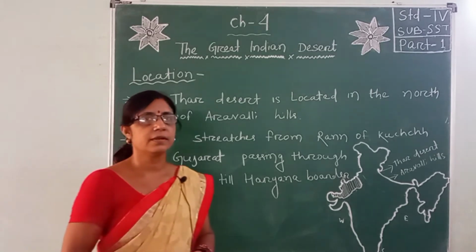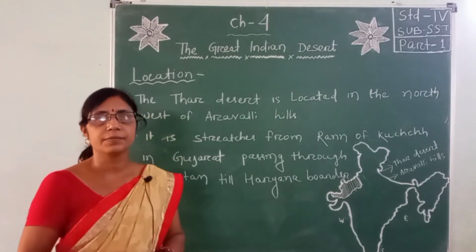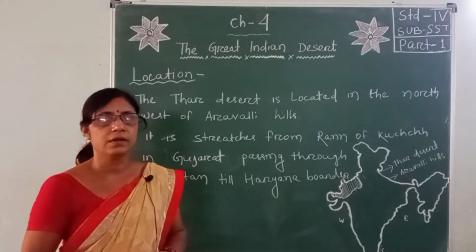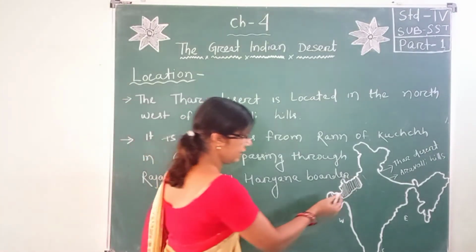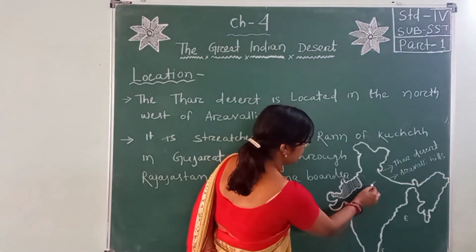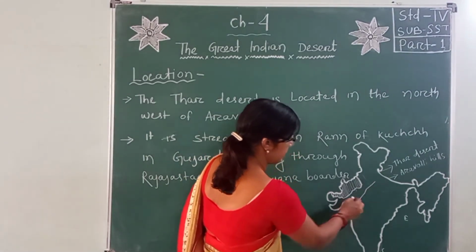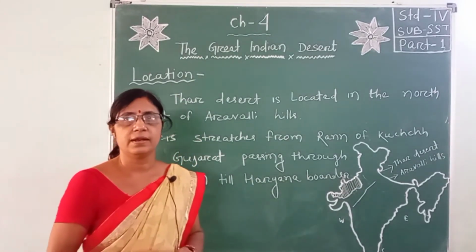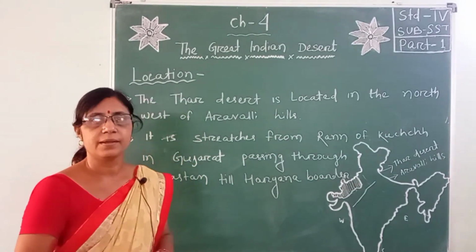Now we discuss the location of the Third Desert. The Third Desert is located to the northwest of the Aravalli Hills.